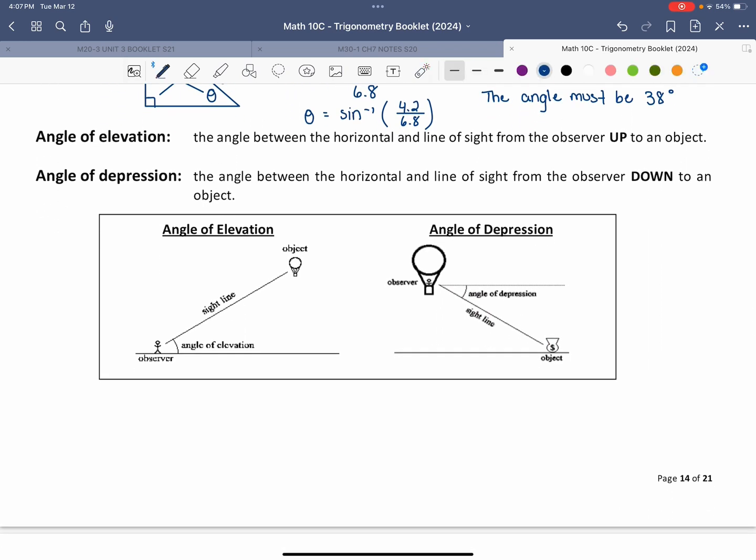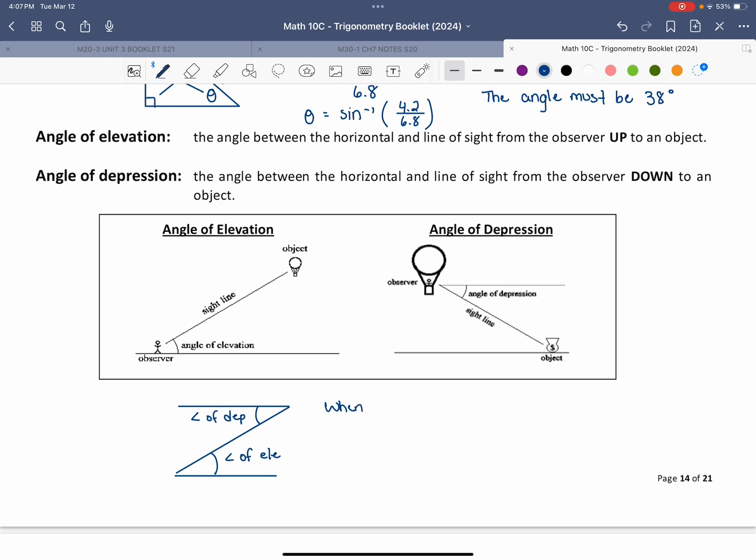Let's add a note here. When we have a Z shape like this, where we've got a horizontal at the top and the bottom, here's our angle of depression, and here is our angle of elevation.